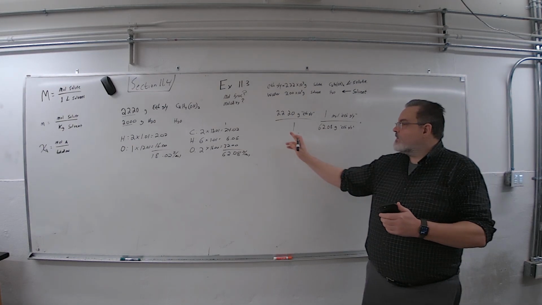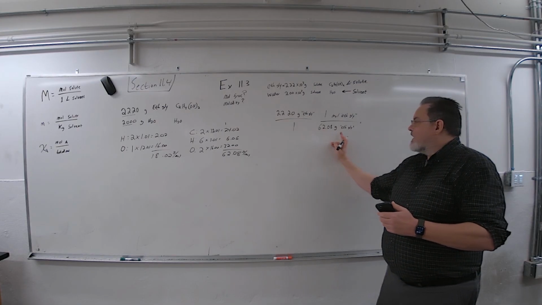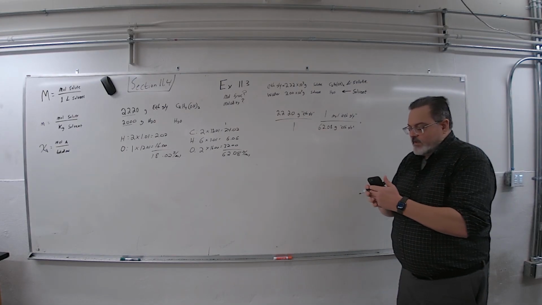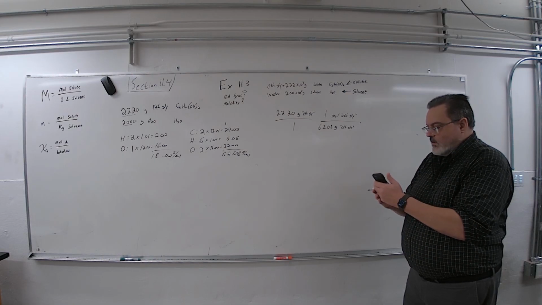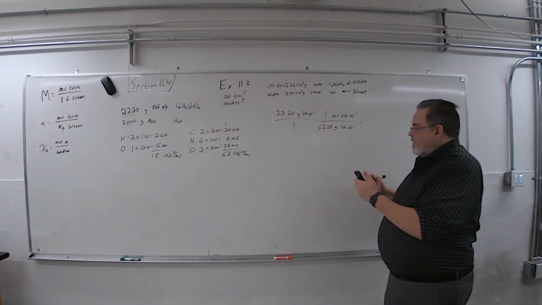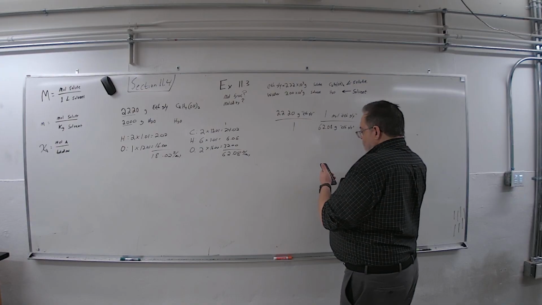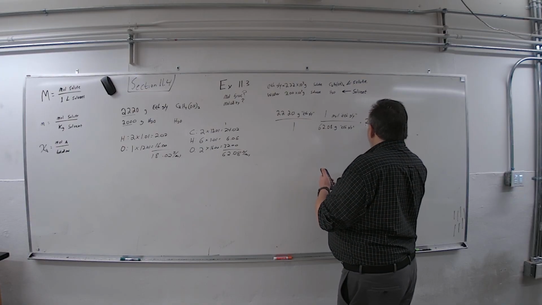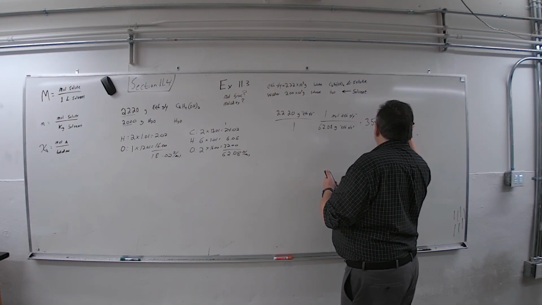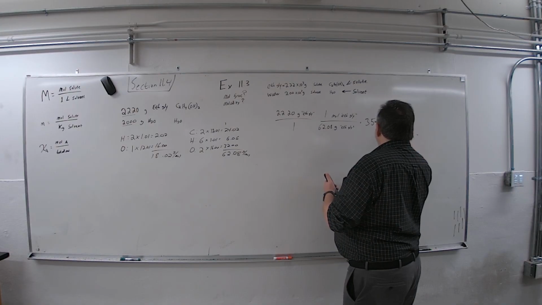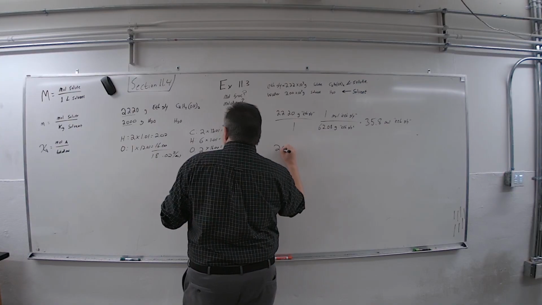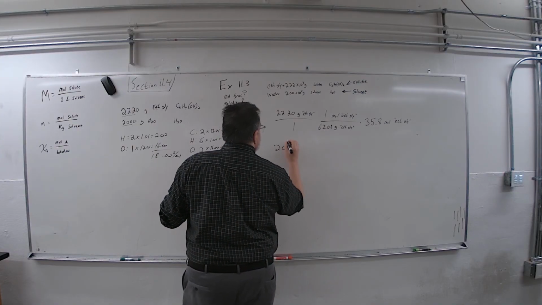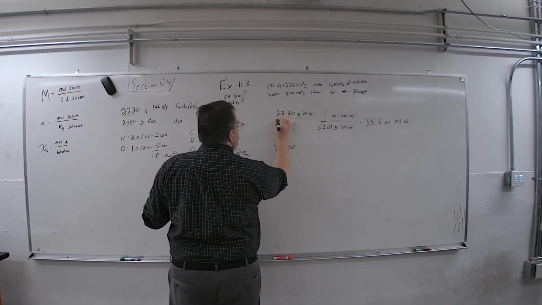If I'm being strict, this is 3 significant figures and that's 4. So I'm going to write this in 3 significant figures. Of that. And of course the water is 2,000 grams. This was 3 significant figures.